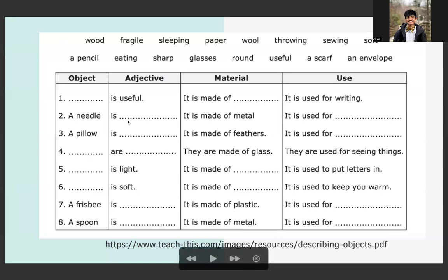And what is the adjective for needle? Yes, it is sharp. It can hurt you and is pretty painful if you're not careful with a needle, right? Okay, now for number three, four, five, six, seven, and eight, you can try them out as well.